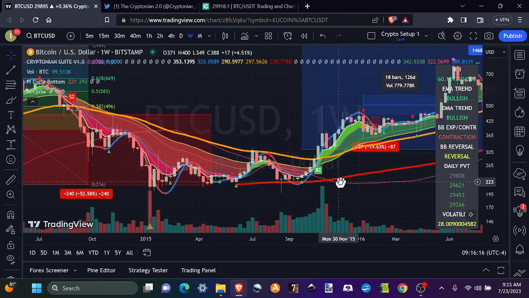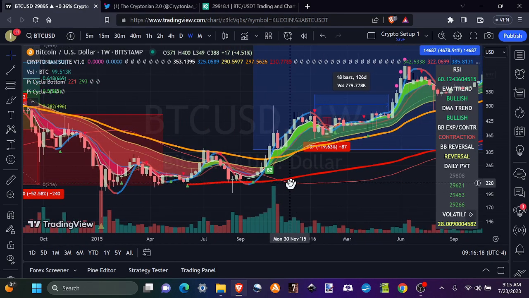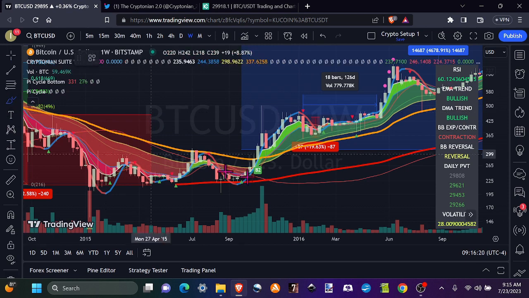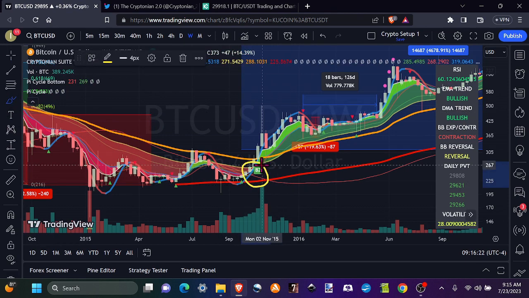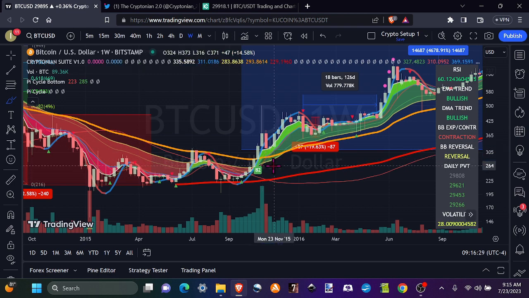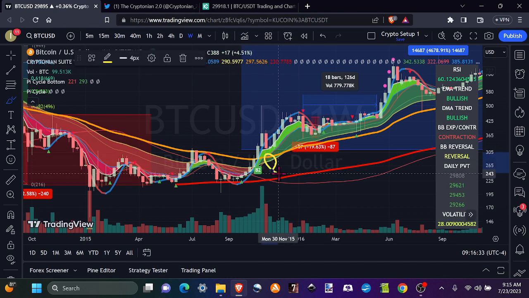And then at that time we had another signal, right? We had another B2 signal here. And then again, that signal put us up above the 50, the orange line, and actually up above the 30 into the green cloud again, right?